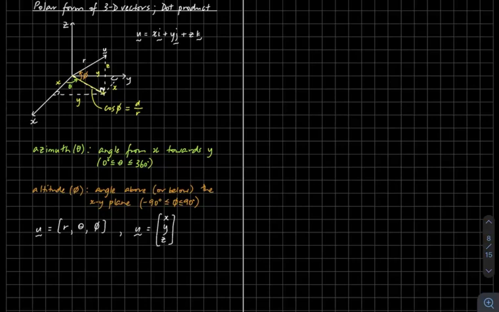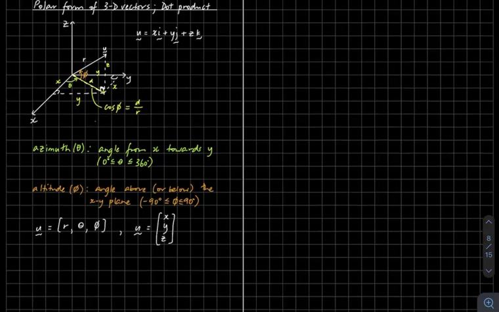Sorry, cos phi is adjacent on hypotenuse. So let me be clear, I'm calling this side in here d, so it's d over r. So therefore an expression for the length of that yellow line, that d, would be r times cos phi.